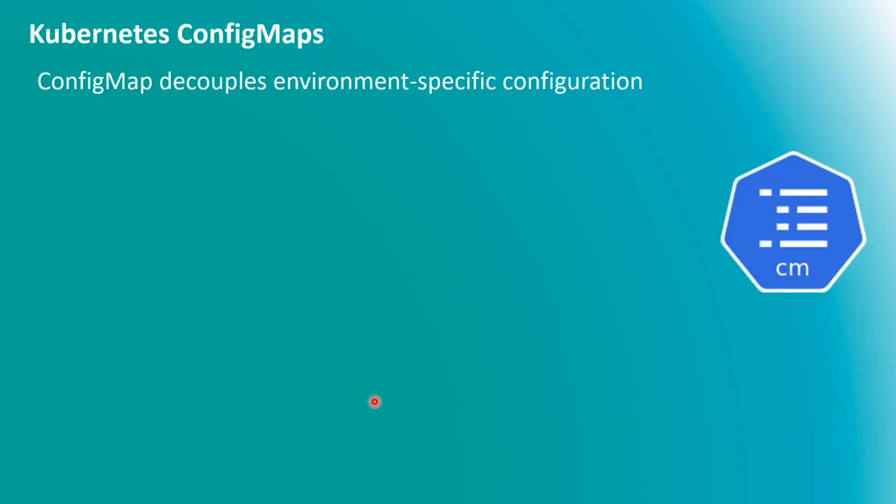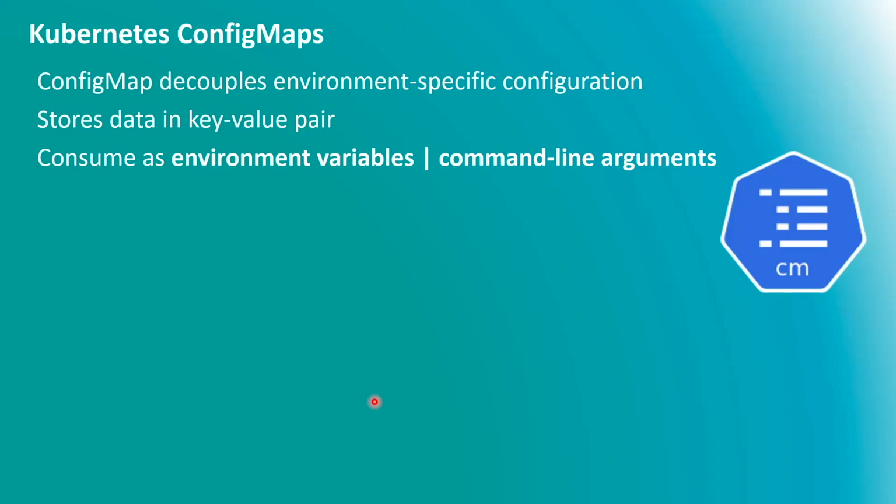Kubernetes config map allows you to decouple environment-specific configuration from your container images so that your applications are easily portable, and config map stores all this non-confidential data in key value pairs. From your pod, you can consume the config map as an environment variable, a command line argument, or as a configuration file in a volume.